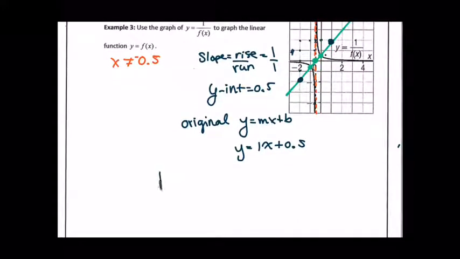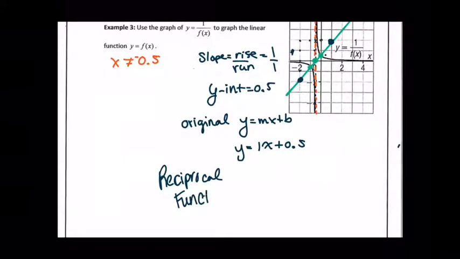So then our reciprocal function would be 1 over x plus 0.5.